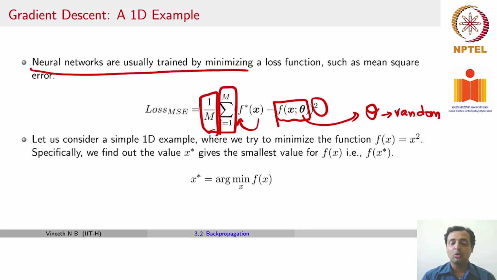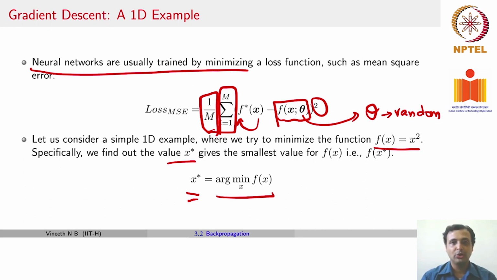Let's take a simple 1D example and then try to study this a bit further. Let's say we'd like to minimize the function f of x is equal to x squared. Specifically, let's assume that we know the value x star, which gives you the smallest value for f of x. Let's assume that's f of x star, of course. So we know that x star is equal to argmin over x of f of x.